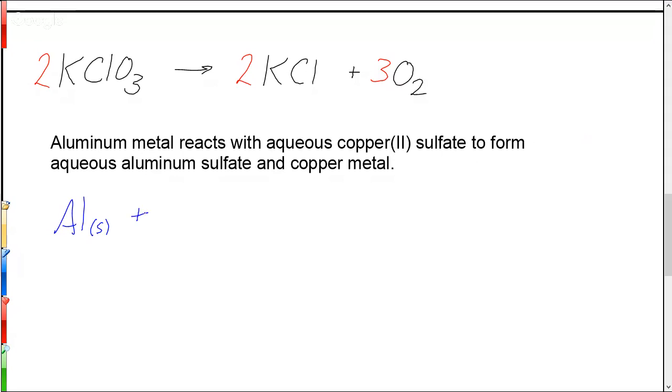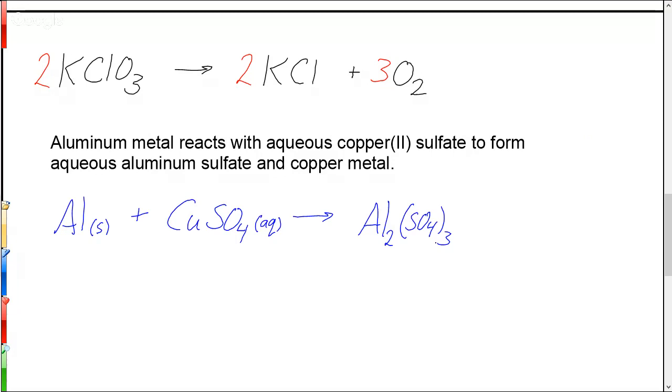Aqueous copper(II) sulfate. That's Cu2+, and we know sulfate is 2-, so that's just going to be CuSO4. And that's aqueous, so we put a little aq there. And what's that going to form? Aqueous aluminum sulfate. Aluminum sulfate is Al2(SO4)3.